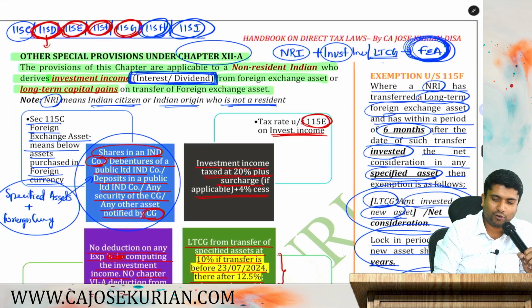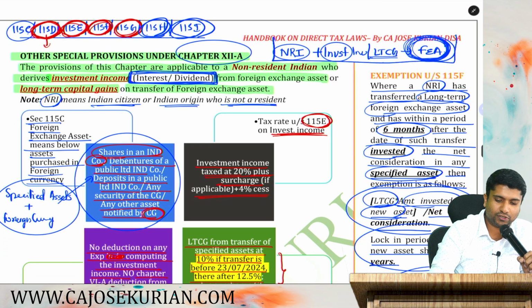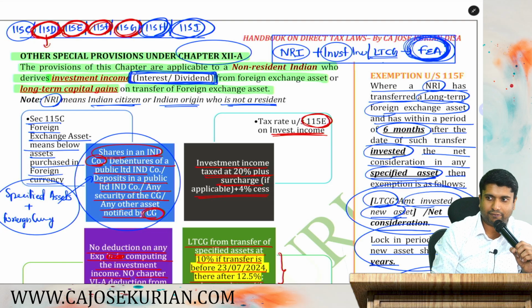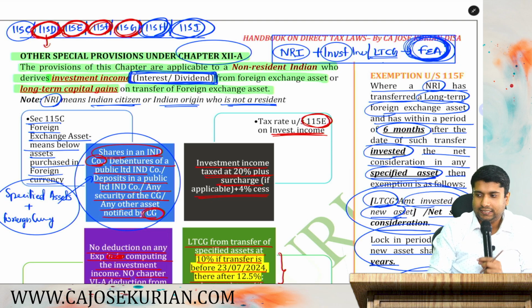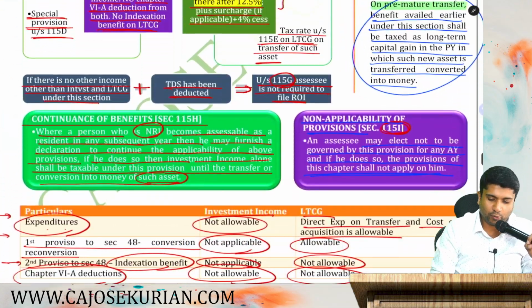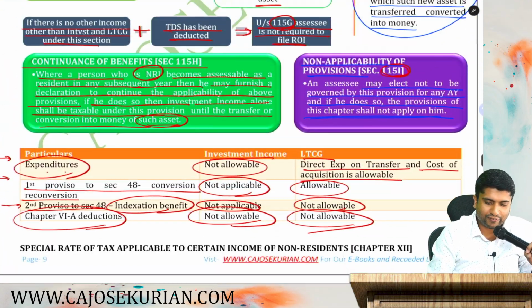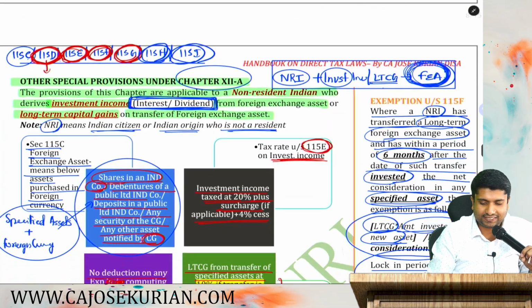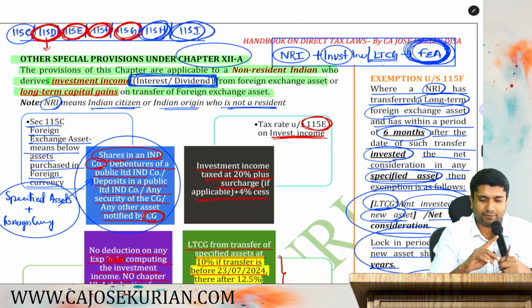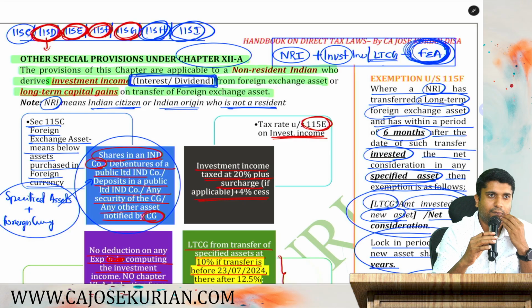In examination, if all the conditions are satisfied, then you must follow this chapter 12A, which is applicable to NRIs. I hope you got an understanding over this topic. Yes, so this is how you have to compute chapter 12A, that is certain set of incomes, investment income, long-term capital gain, etc. applicable for an NRI.